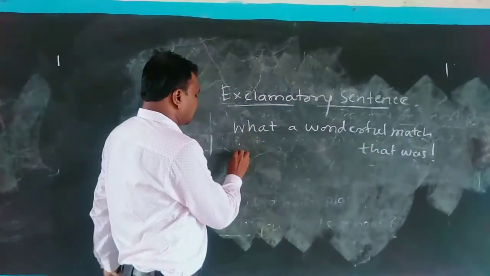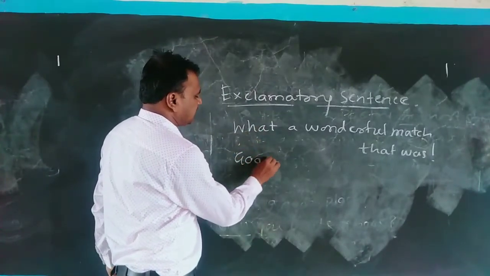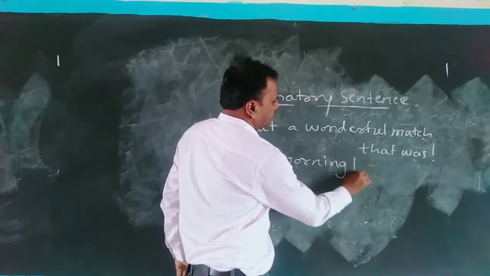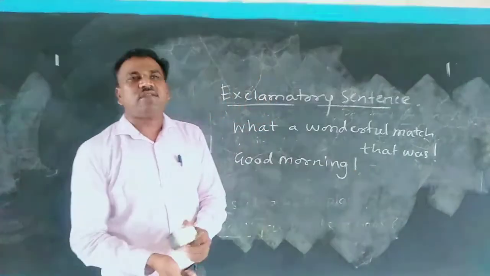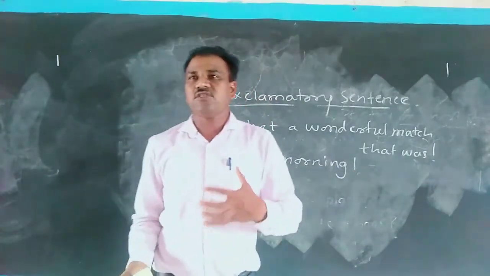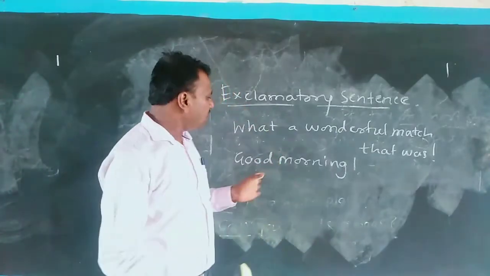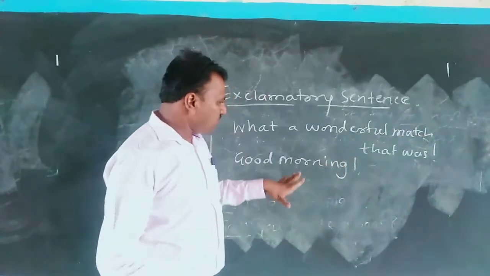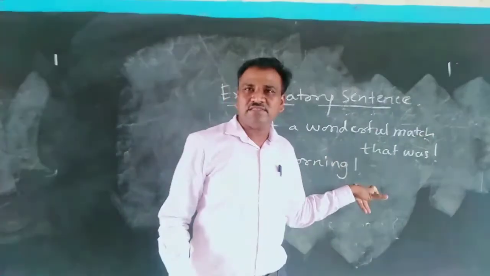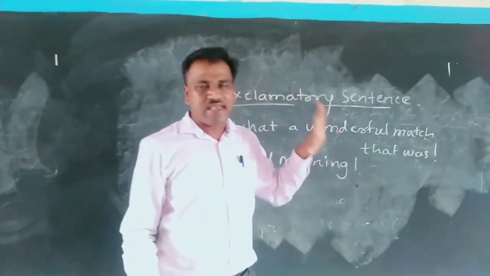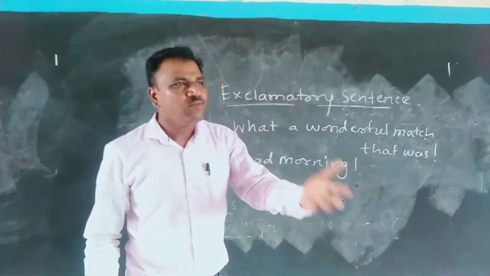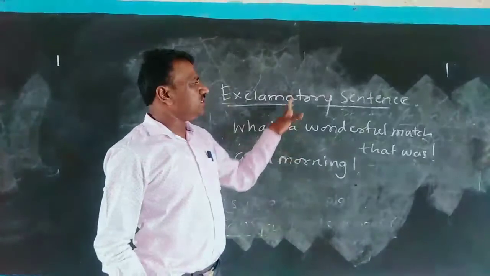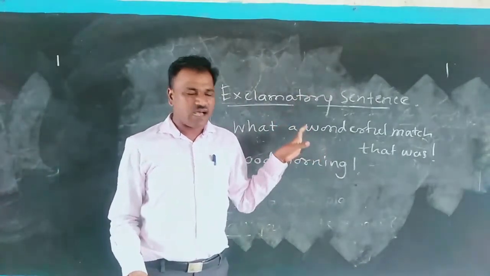When I say good morning, there should be something in your mind or in your heart that you are saying. Because you are saying it from your heart, that is useful. So in English, these exclamatory sentences are used in this way.